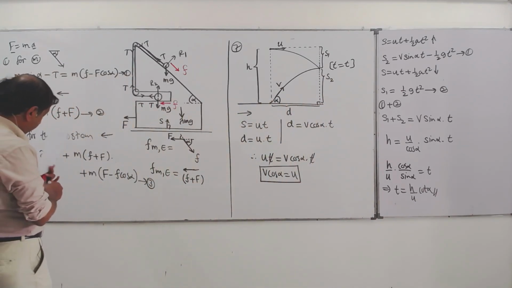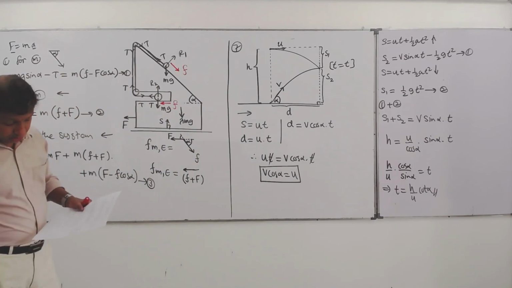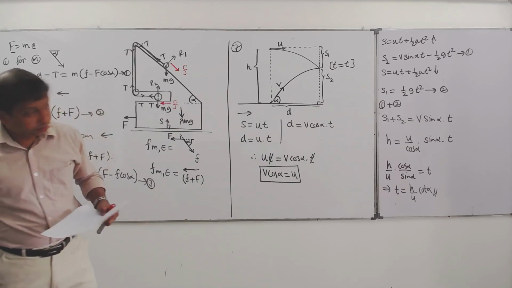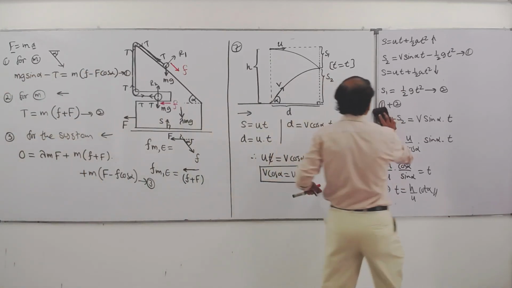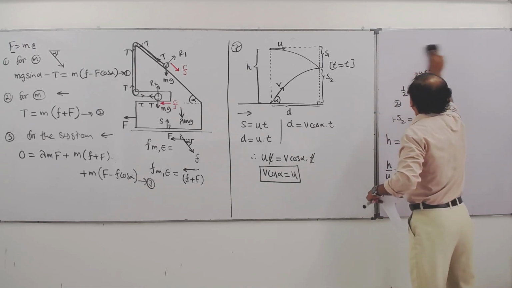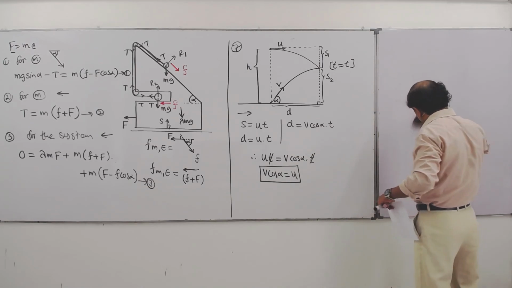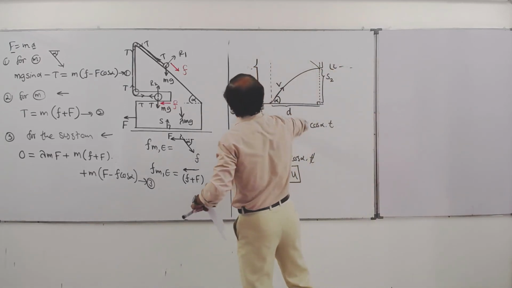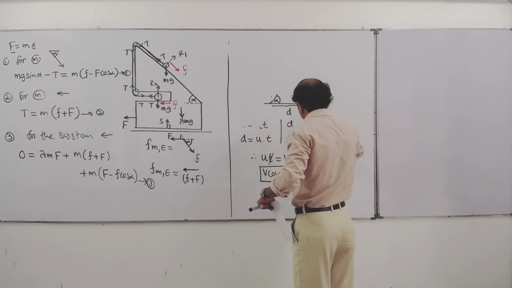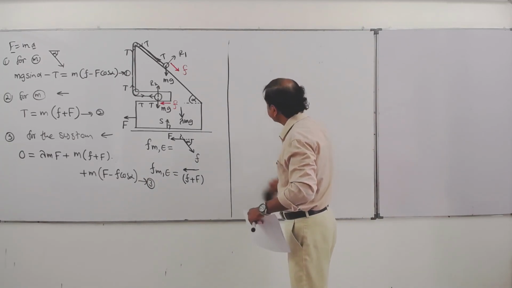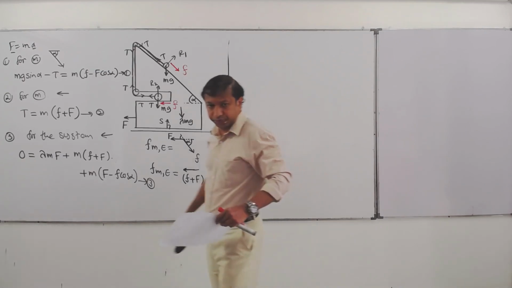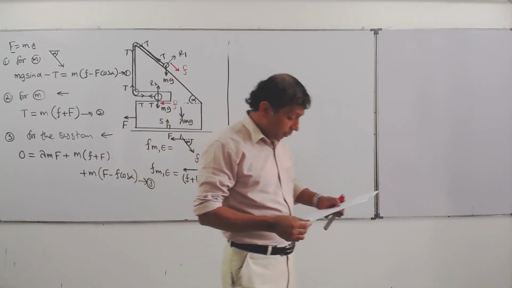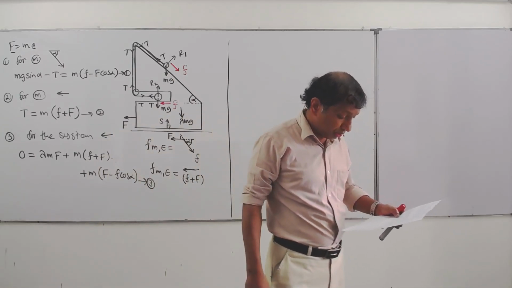Next one, number 9, the vector question. The position vectors of the points A, B, C with respect to the origin O are given.